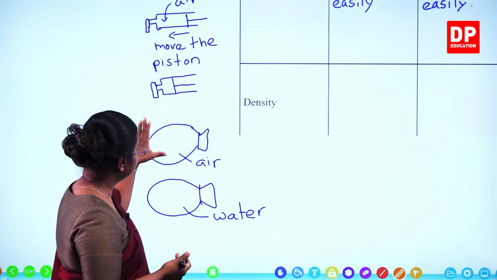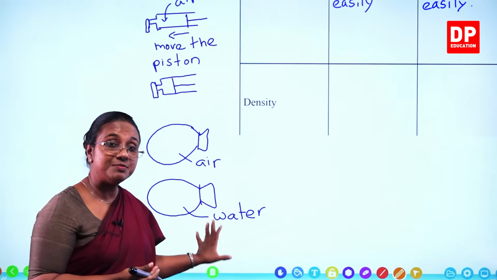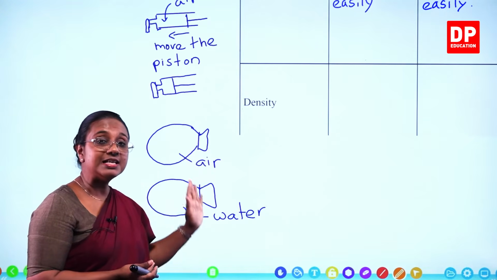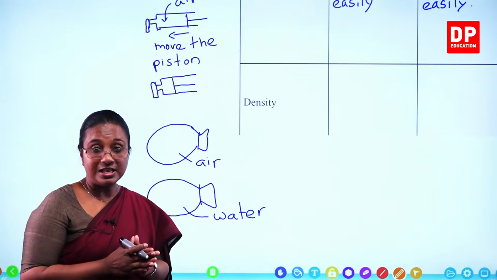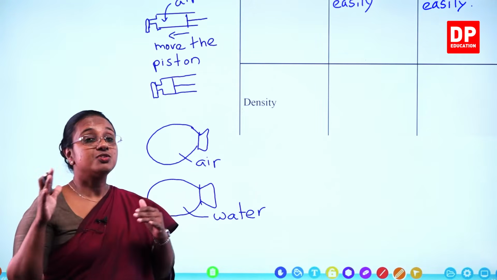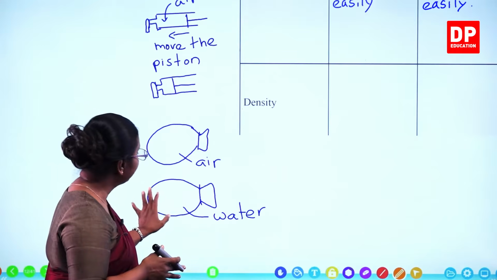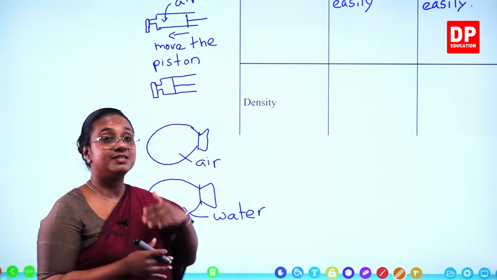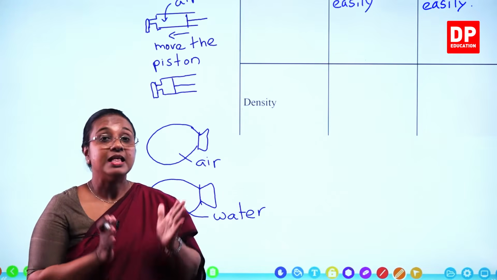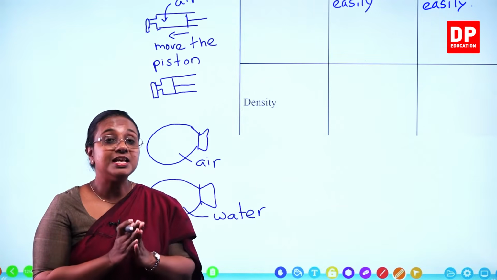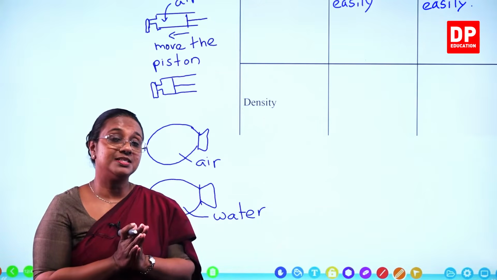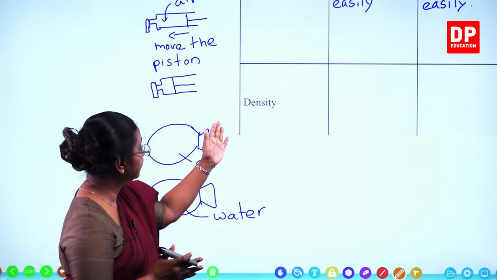So here we have the same volume, same shape and everything, but when you weigh the mass of a gas, liquid and solid, you can understand solids have a higher mass, liquid has less mass and air has even less mass.